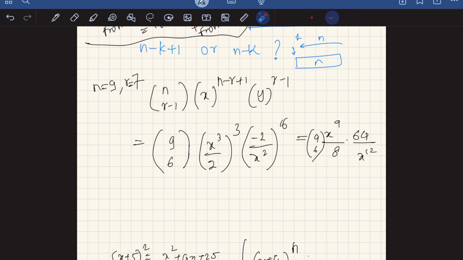So this gives you 9 choose 6, and x for us was x cubed by 2 to the 9 minus 7 plus 1, and y was minus 2 by x square, and r is 7, 7 minus 1. Is this what you're getting?